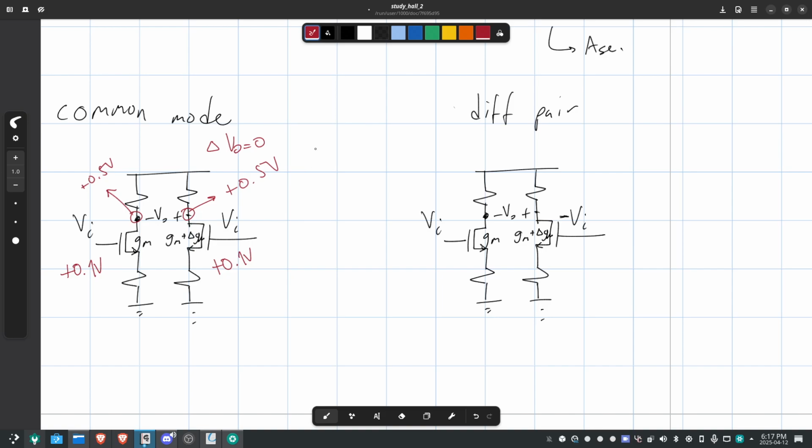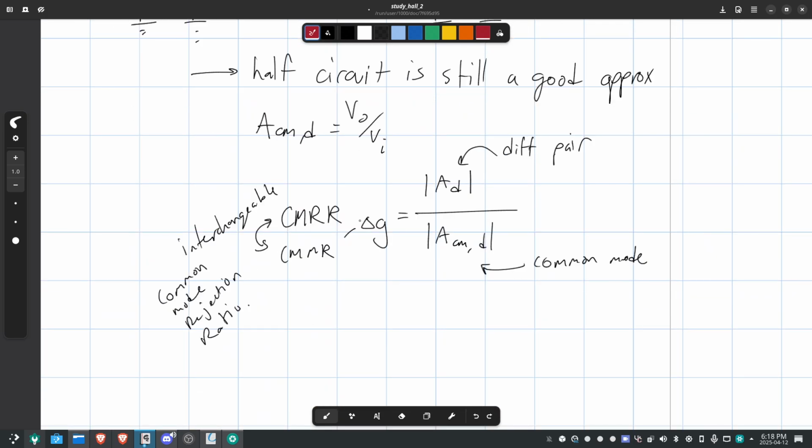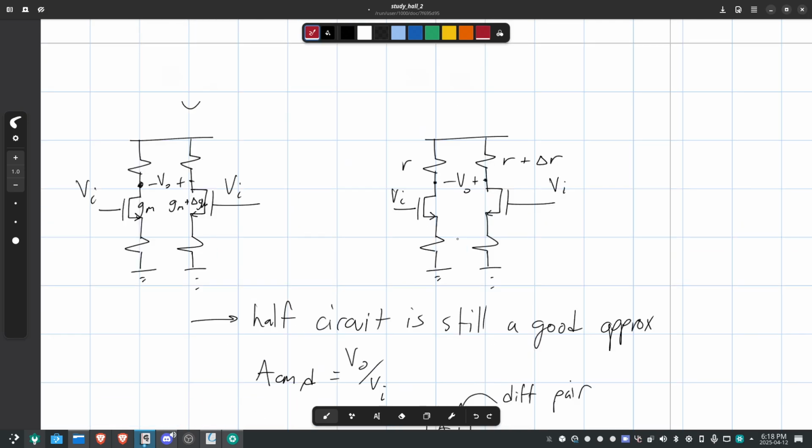And if it ended there, we can just say that the common mode amplification is 0, because no matter what we drive in, there's going to be 0 amplification. However, in reality, we do not see 0. We see a little bit of change, and we call this the common mode gain and the common mode rejection ratio. When we have a MOSFET with, say, GM, each MOSFET has a GM, they're not going to have the exact same GM, right? That's just not how the real world works.